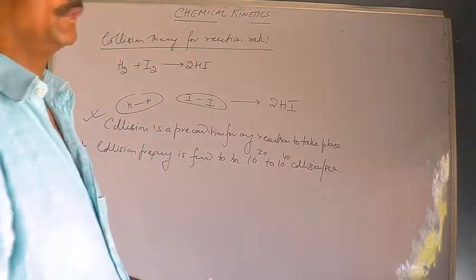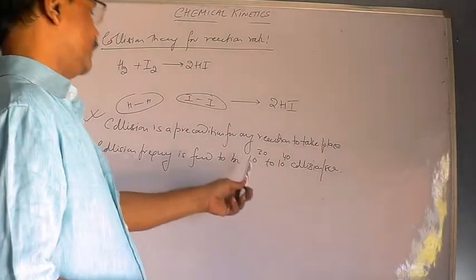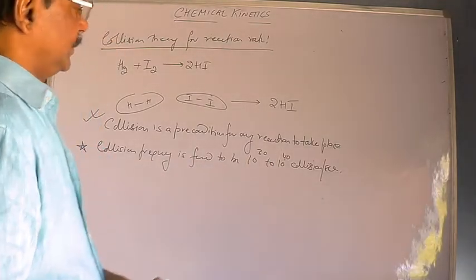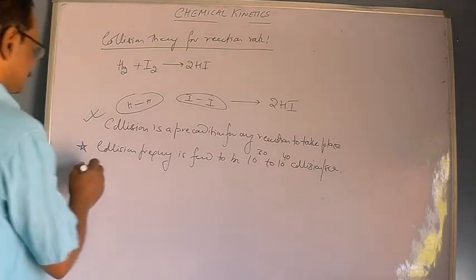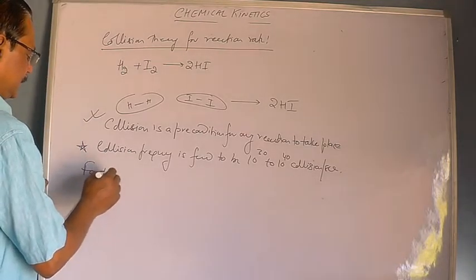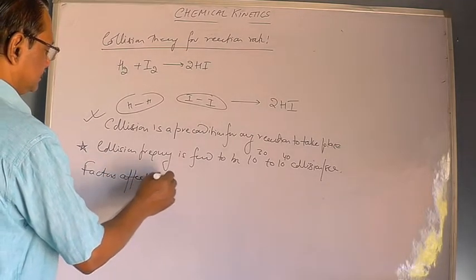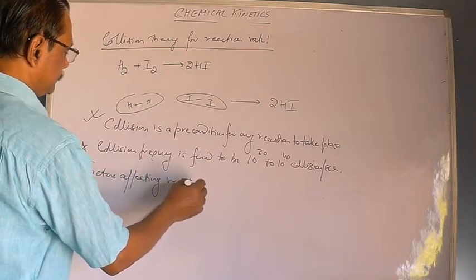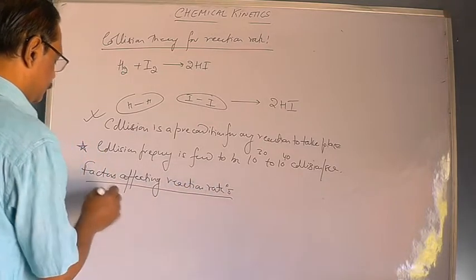So what are those factors which slow down the reaction rate even though the collision frequency is very high? In the next topic, we are going to discuss the factors affecting reaction rate. So there are two factors.